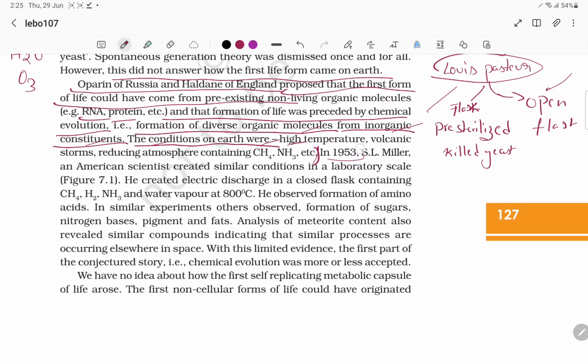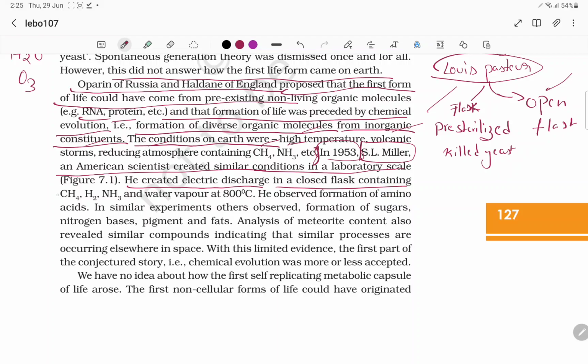So in 1953, this year is very important, S.L. Miller conducted one experiment. An American scientist created similar conditions in the lab. He created an electric discharge in a closed flask.